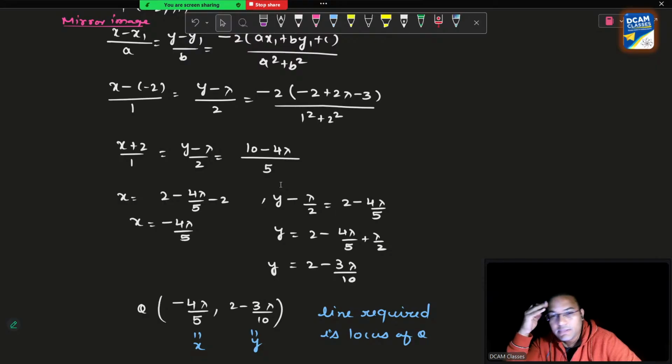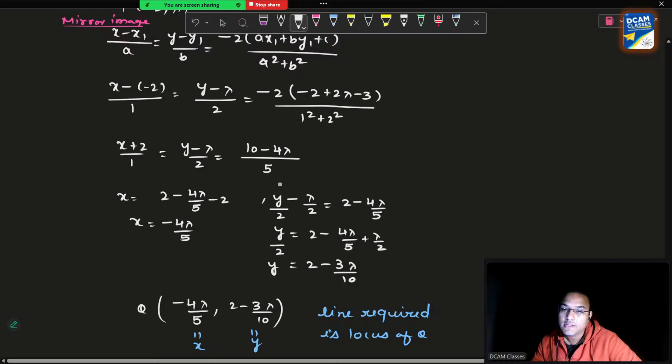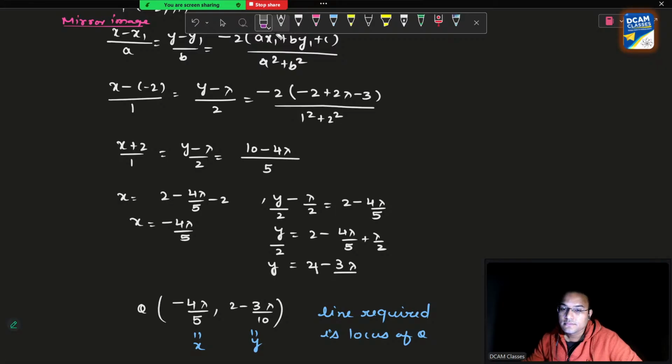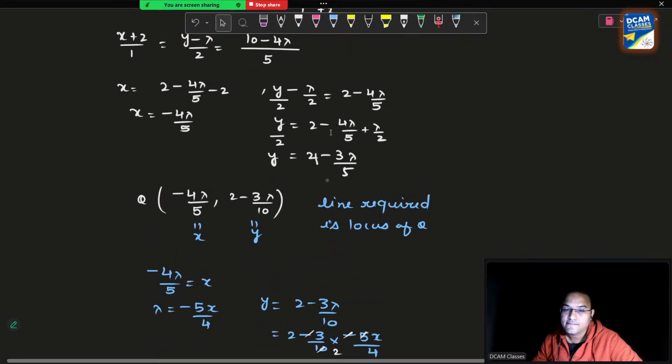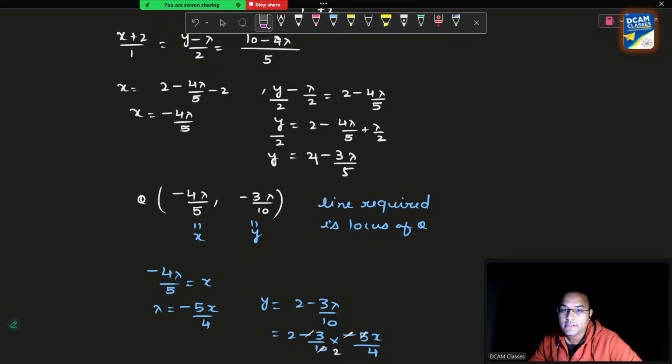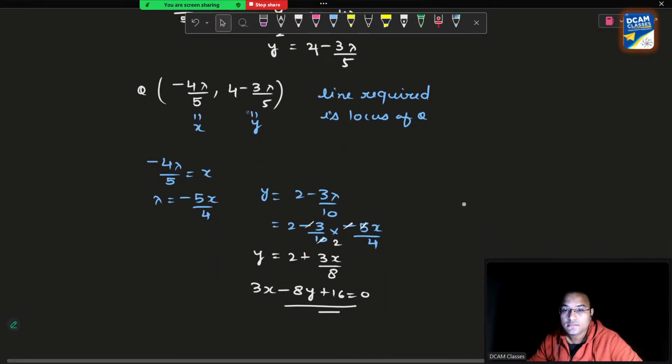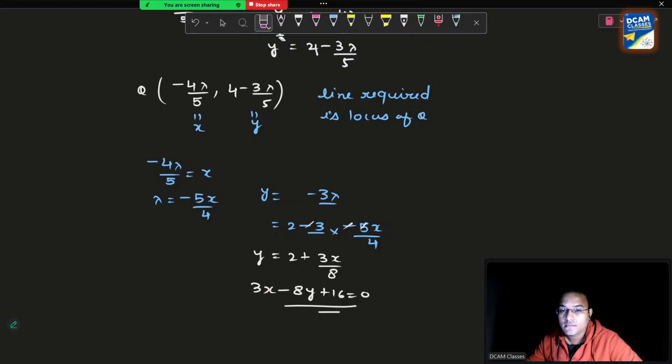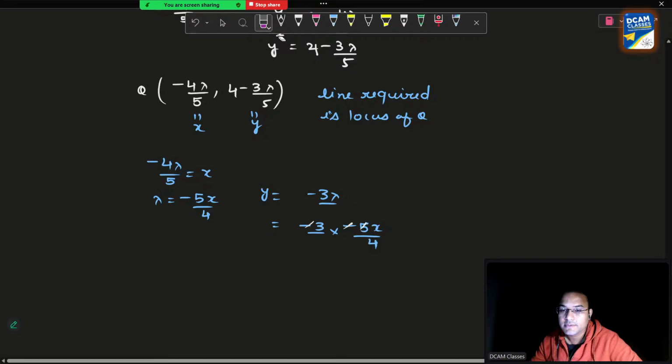See, silly mistake I have done. This is y by 2, there, y by 2. So it will be 4 minus 3 lambda by 5. Calculation mistake. See, one silly mistake.